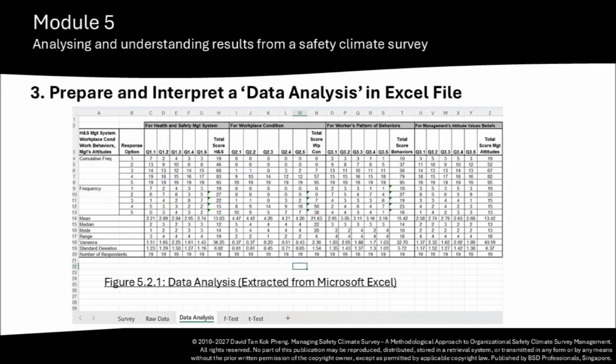A higher standard deviation indicates that responses are more spread out from the mean, reflecting differing perceptions among respondents. Therefore, more detailed analysis is required for the health and safety management system, workers' safe behaviors, and management's attitudes to identify which groups hold differing views.